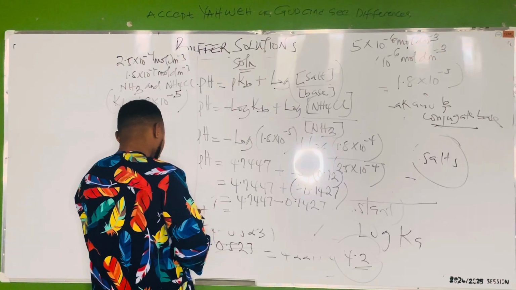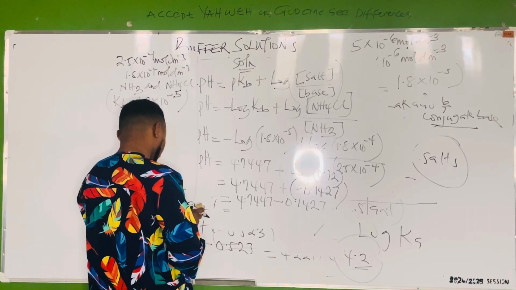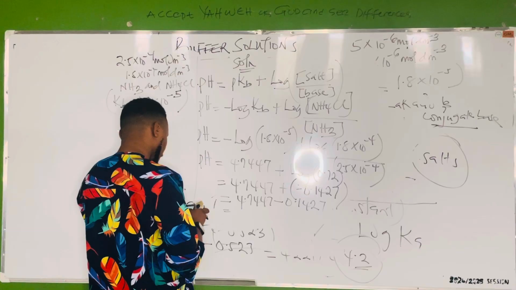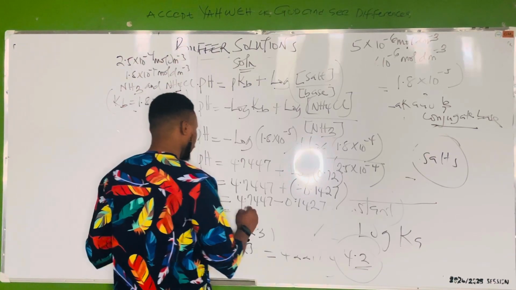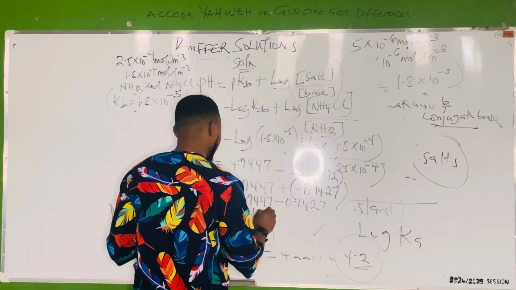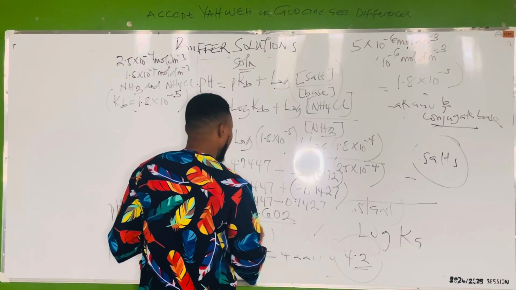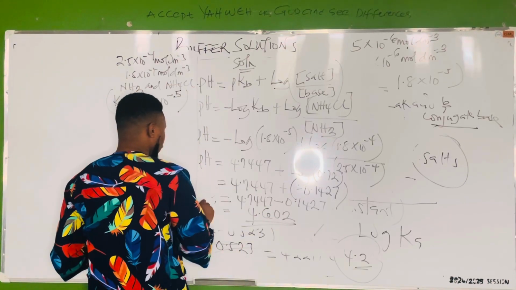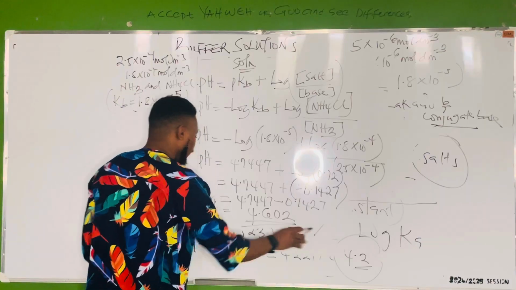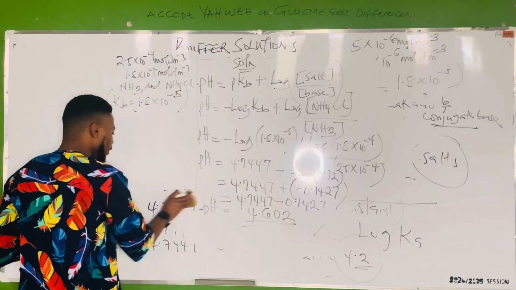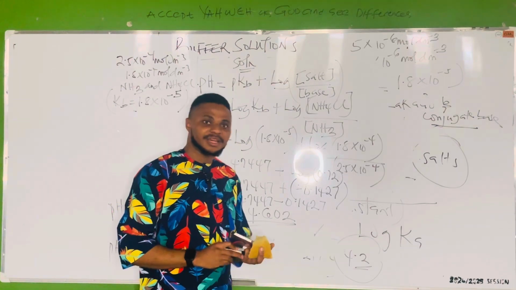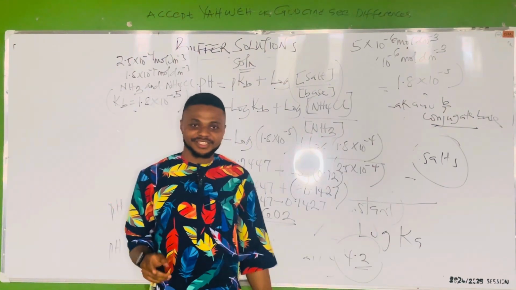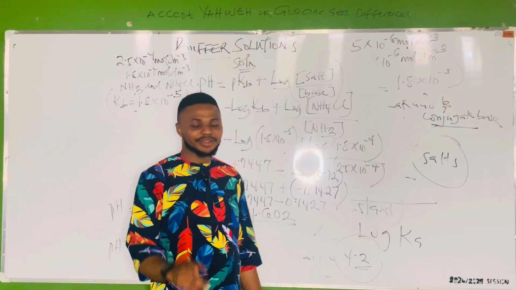So this will give us 4.602 as our pH. This is the pH of the base buffer containing ammonia and ammonium chloride. All right, so very important.